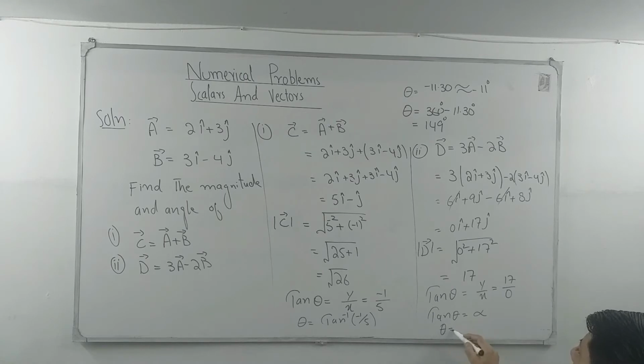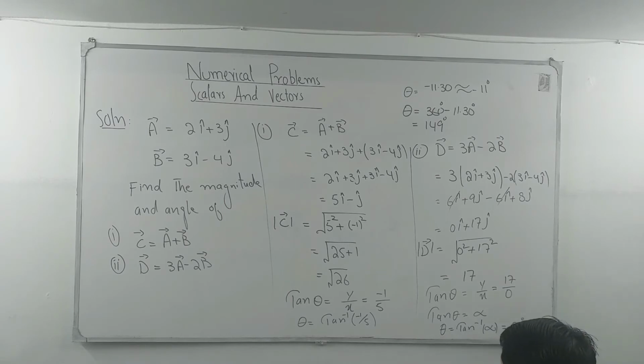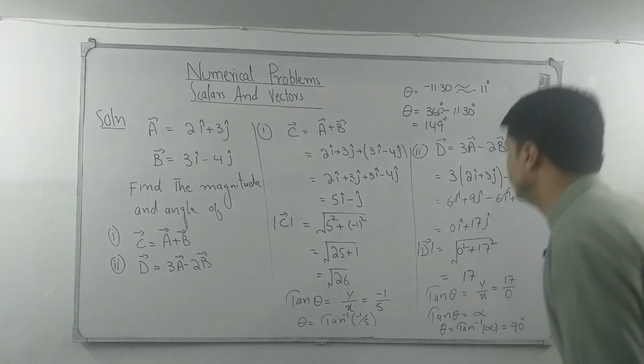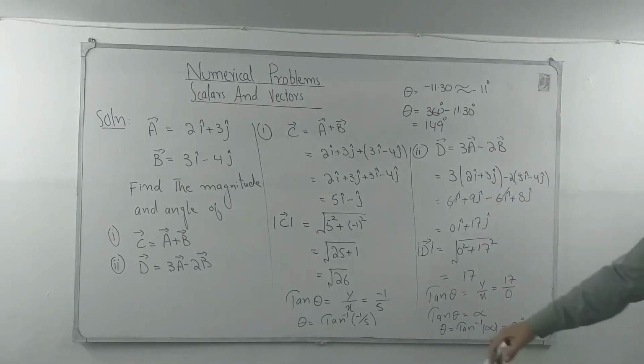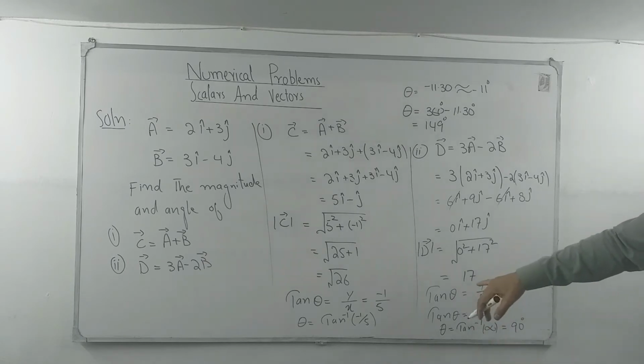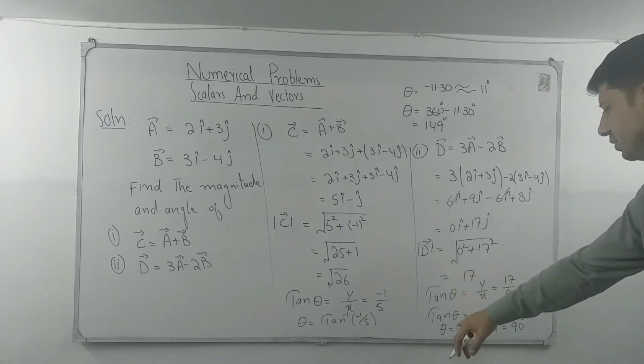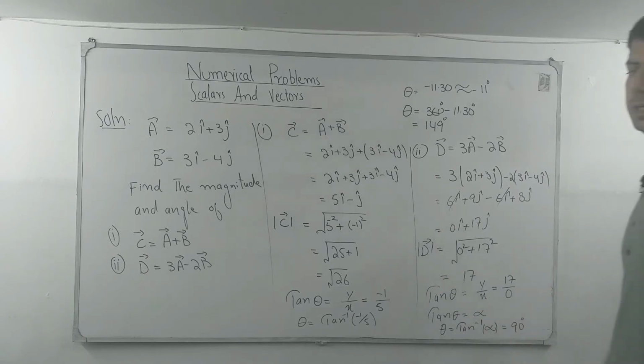Theta, tan inverse infinity is equal to 90 degree. So in the second case, the magnitude of vector D is equal to 17, and the angle which that vector makes with the x-axis is equal to 90 degree.